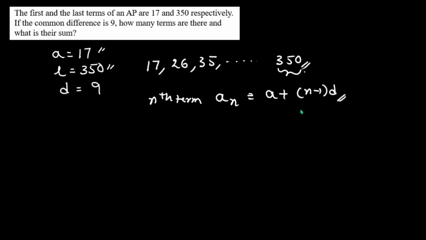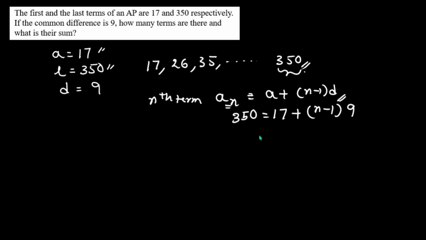What is the first term here? 17. You do not know the number of terms here, that's the reason I just keep n. What is the common difference here? Common difference is 9. What is the nth term here? an is given as 350 here, so let's put 350 here.